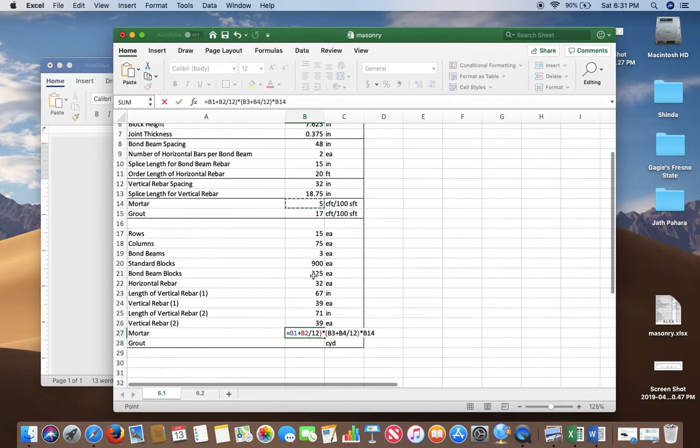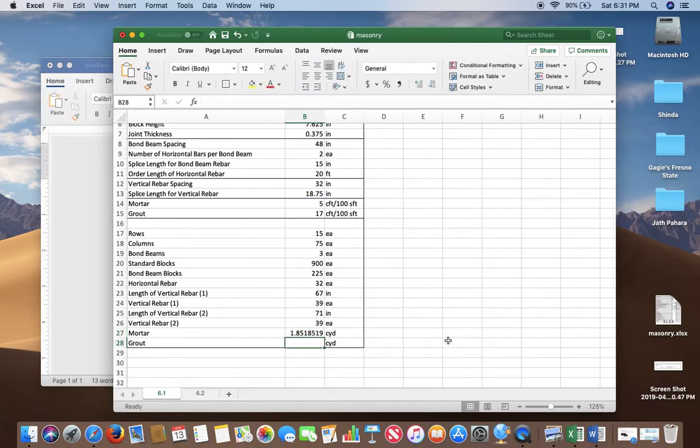So you'll be multiplying that by that, and then we'll divide that by this 100 square feet times your cubic yard. So we've got parentheses 100 times 27. There you go. Your 1.85, which you'll just round up to 1.9 cubic yards.